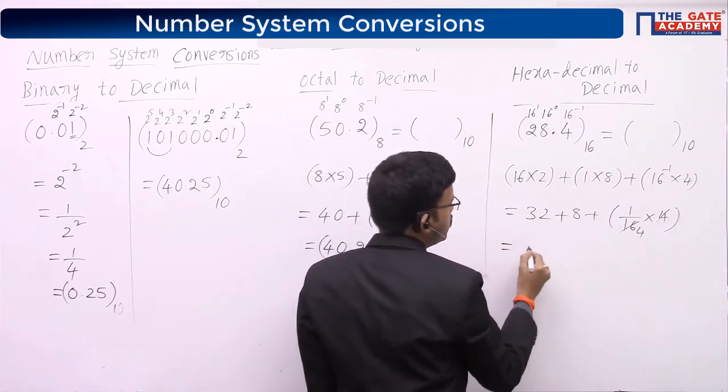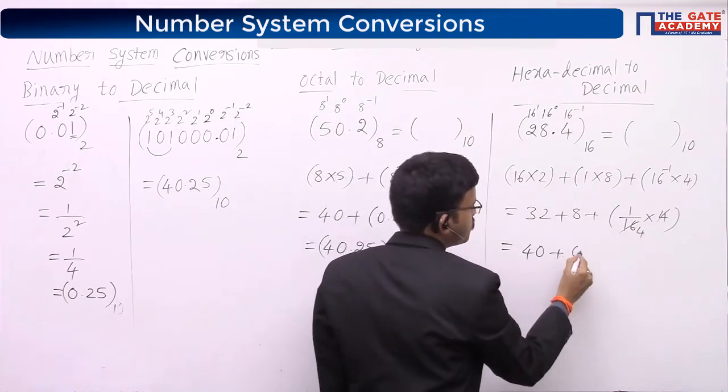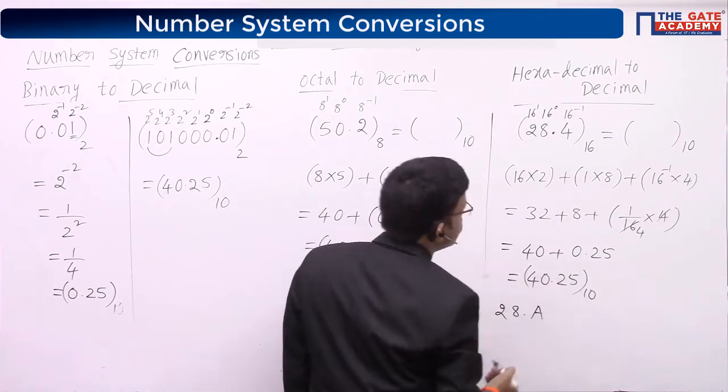So 32 plus 8 is 40, plus 1 by 4 is nothing but 0.25. So you can write 40.25 base 10.